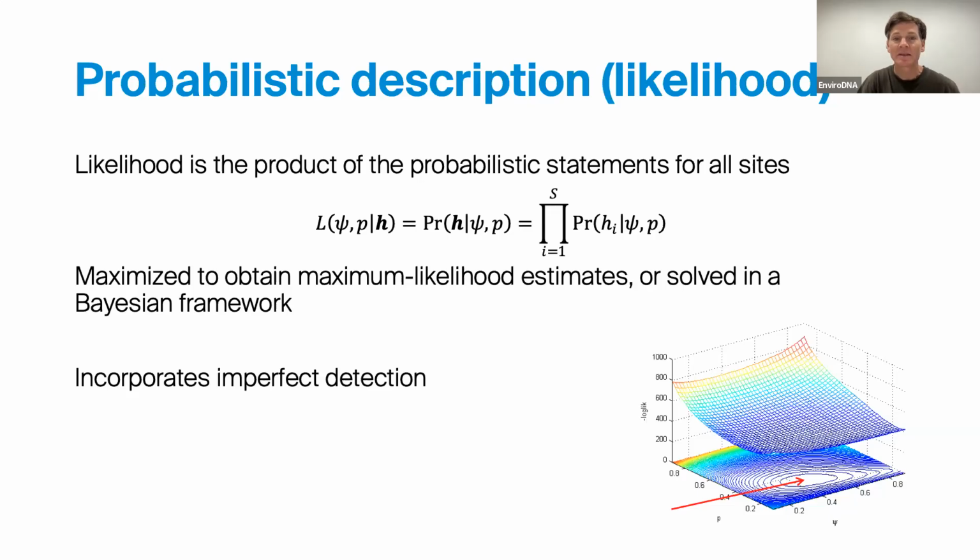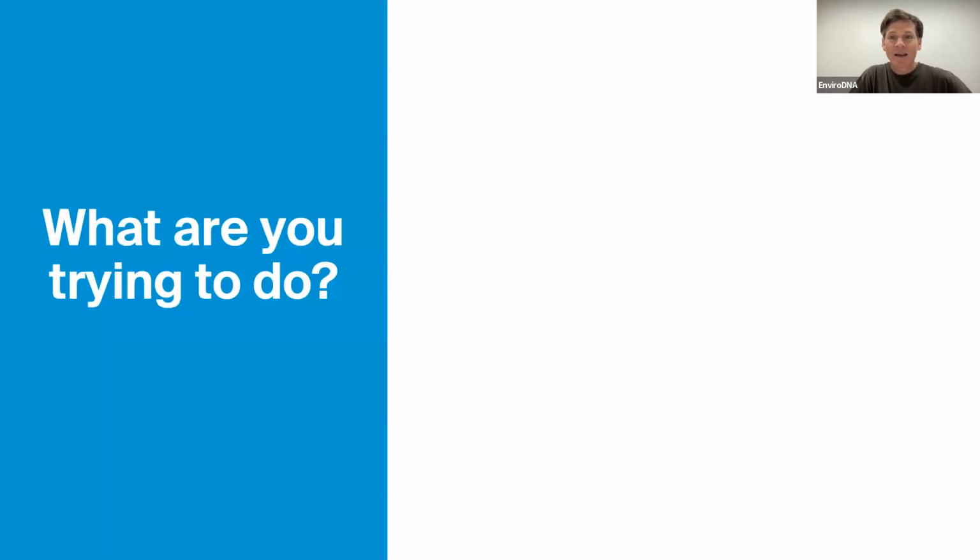I understand that this is really only targeted at a particular kind of eDNA problem. But I think thinking about what is an eDNA detection and the probabilities that are involved in that can be very useful. And it all really depends on, of course, what you are trying to do.